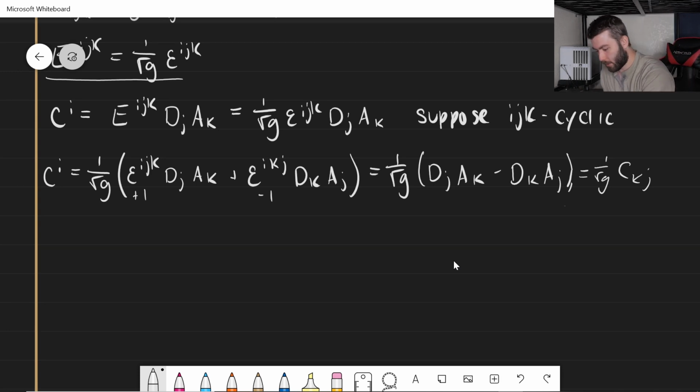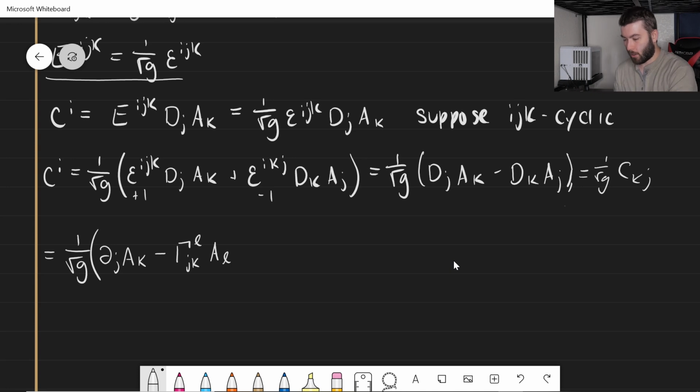So if we want to write down the covariant derivative, this is equal to 1 over root g, dj ak minus gamma, let's call it l, jk al. So that's the covariant derivative acting on this vector here.